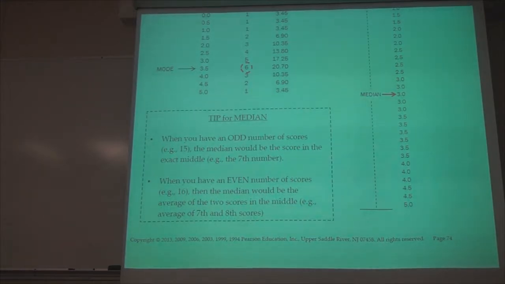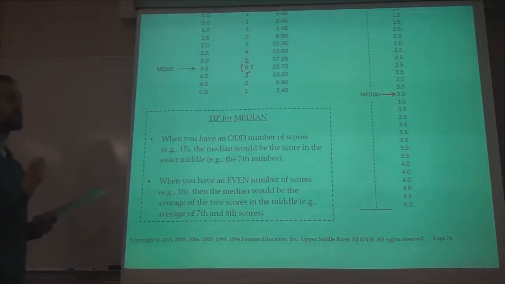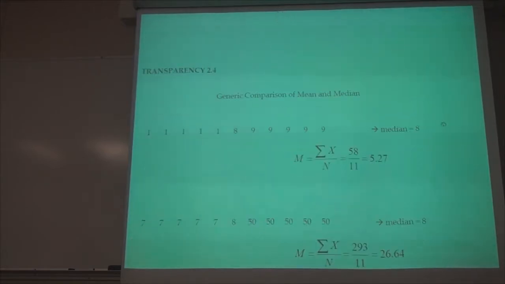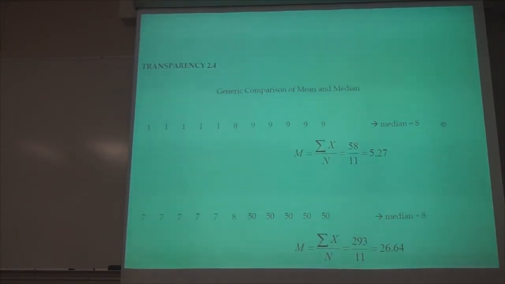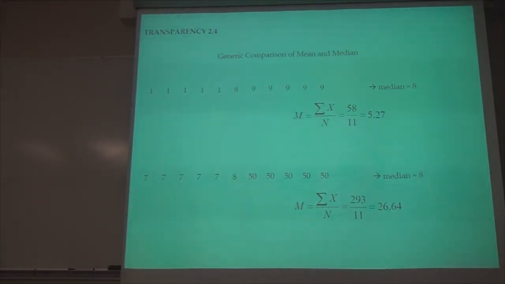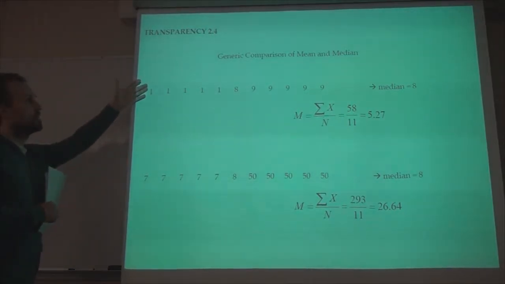All right, let's see. The median has two places where it might be useful. When I have a rank order variable, then it's often useful to consider the median. And also if I have extreme values in my collection. I think 2.4 would show something like that. So let's just look at the first example, where I just have some scores that come from wherever.